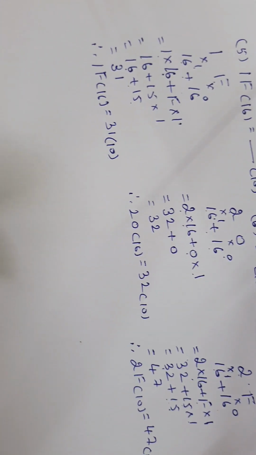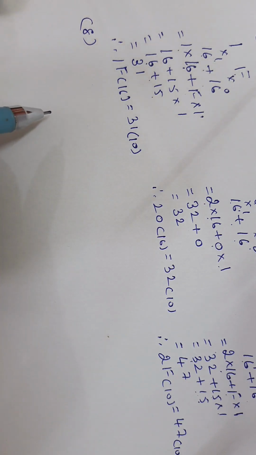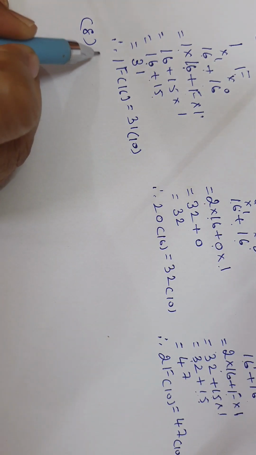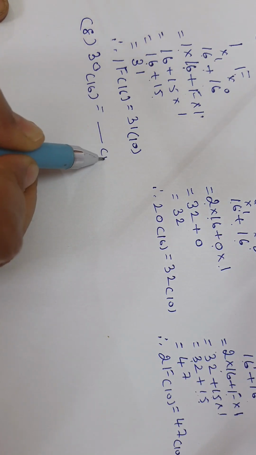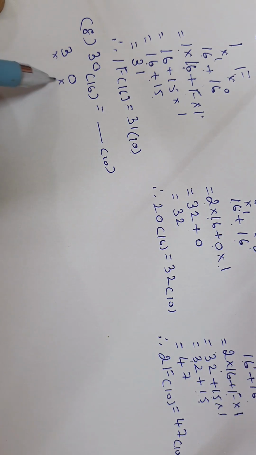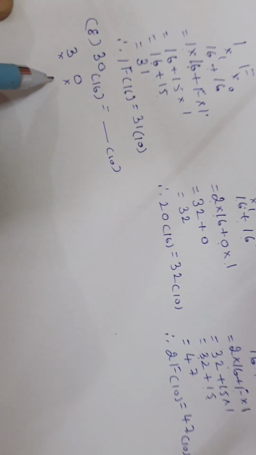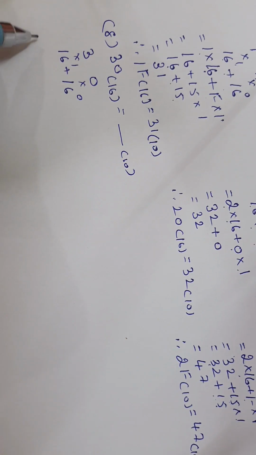Right. So next we shall take the 8th example. We shall take the next example, 30 in hex. What is it in decimal? So 30 we shall take, and multiply by its weighted values. So 16 raised to 0 here, 16 raised to 1, then we shall add.